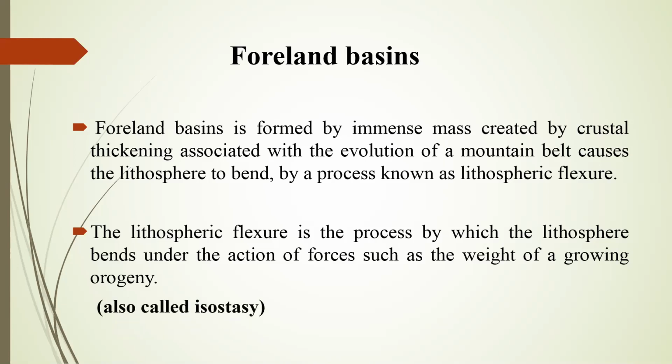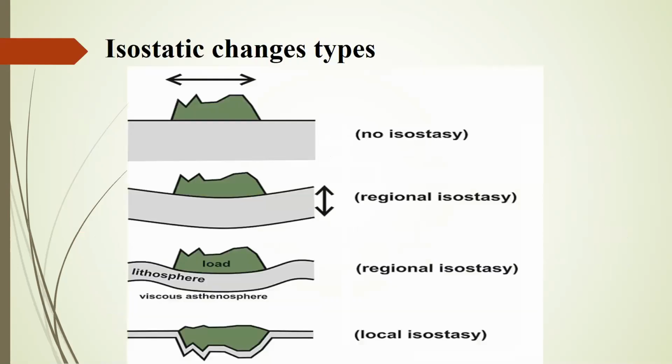Yes, sir. This is also called isostasy. There are four types of isostasy. In the first figure, you can see that there is no isostasy. Here isostasy means the bending of the lithosphere. In the first figure, you can see that due to the less weight of the orogeny, there is no bending in the lithosphere.